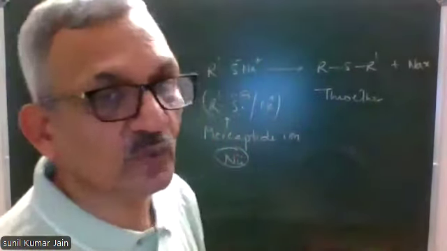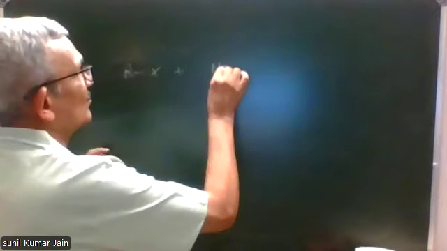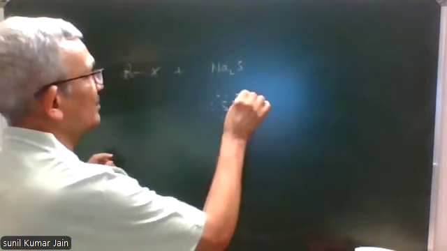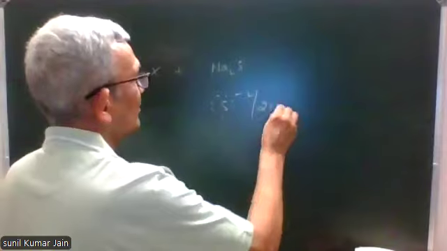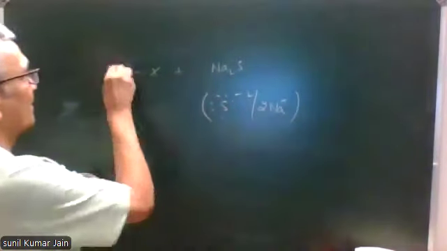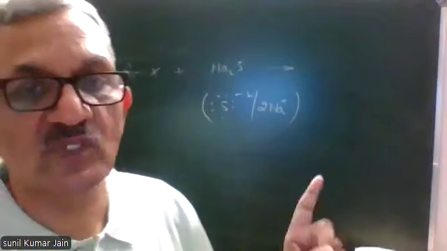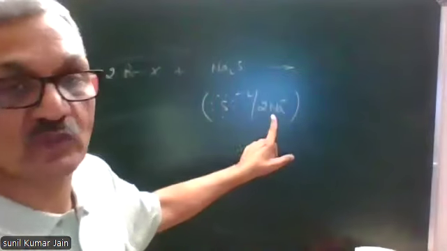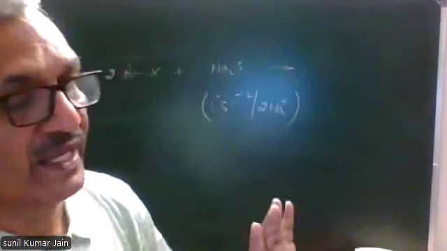Next, reaction number 12. This is the reaction with sodium sulfide, Na2S. This will ionize to give 2 sodium ions and 1 sulfide ion, which carries -2 charge.